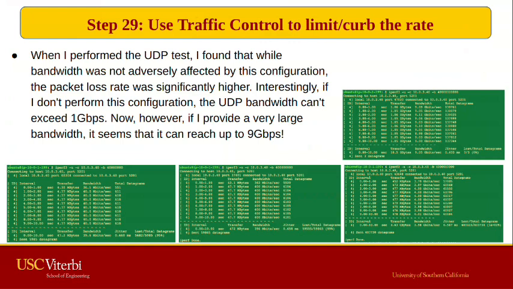I think we can use traffic control to curb the maximum rate. But it is interesting that if I use UDP to test it, the maximum bandwidth is greater than 1 gigabit.